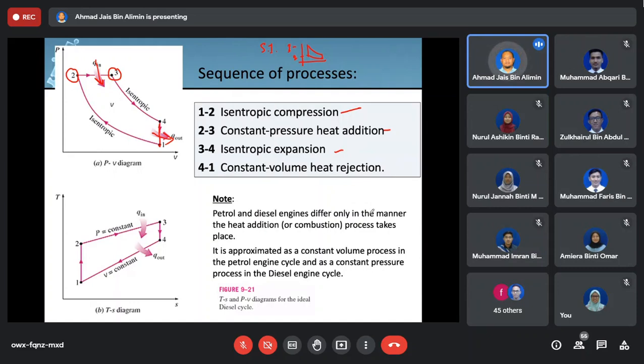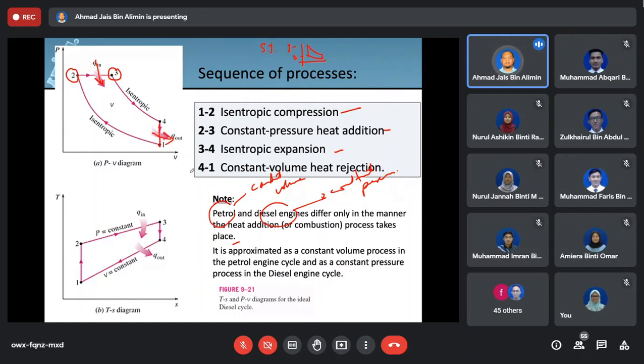Petrol and diesel engines differ only in the manner in which the heat addition process takes place. Okay, petrol at constant volume, diesel engine at constant pressure. It is approximated as a constant volume process in the petrol engine and a constant pressure process in the diesel engine cycle.